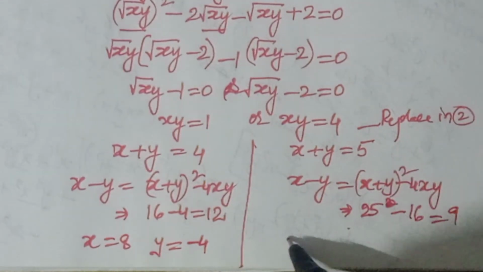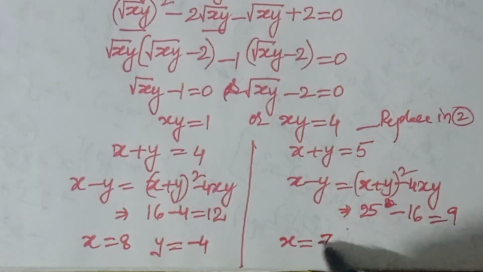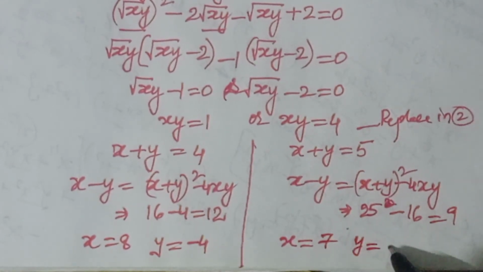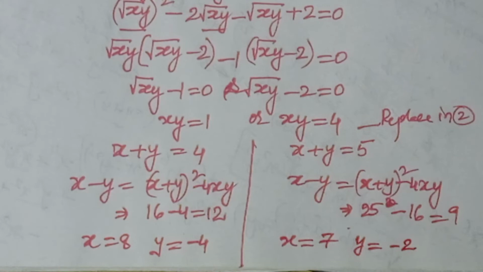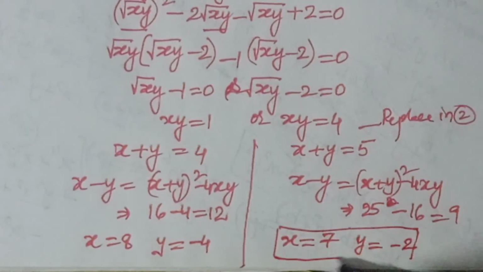So here if you take x value, here y cancels, 2x equal to 14, x value 7. So y value will be minus 2. So these are the possible values of x and y.